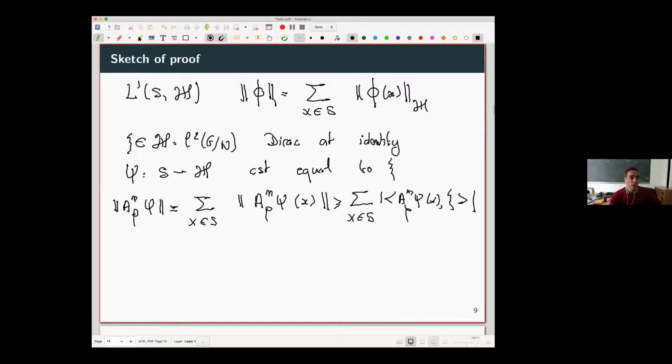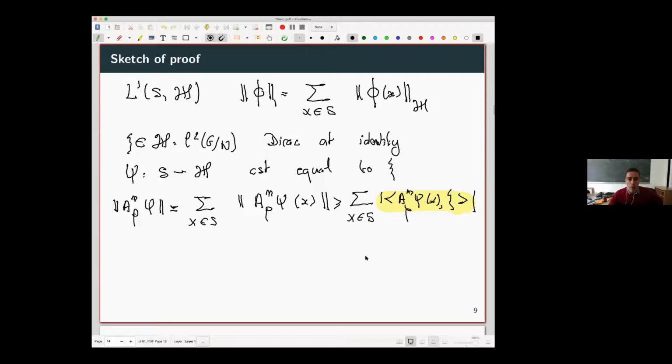And this scalar product here is just a fancy way to write the value it takes at the identity. So it's just a very brutal estimate. Nothing fancy here, but that's enough for our purpose.